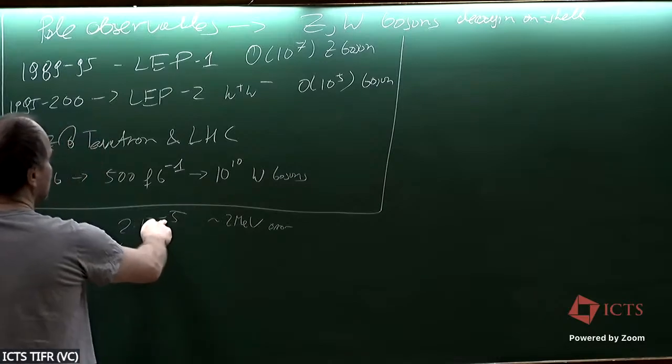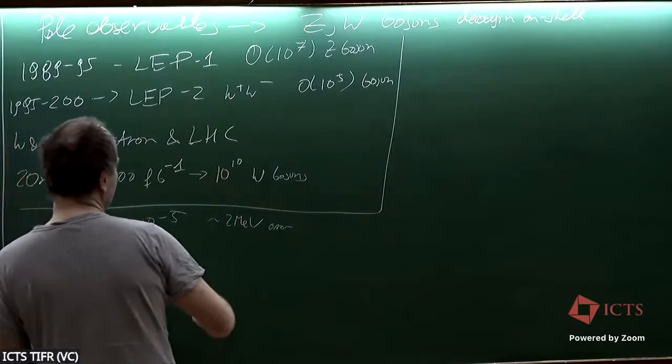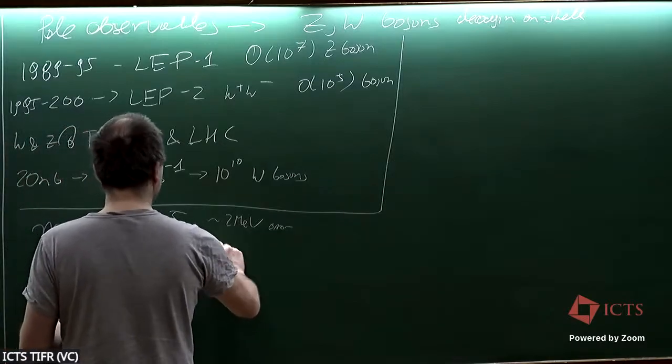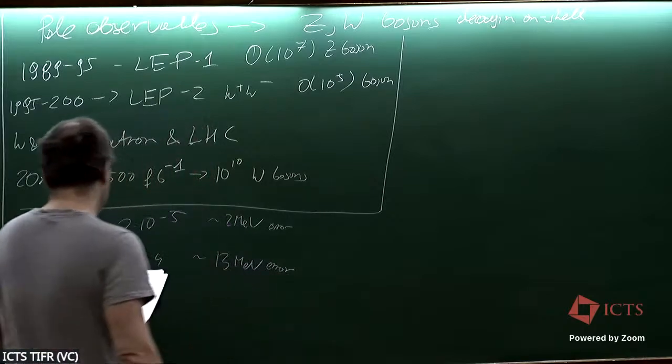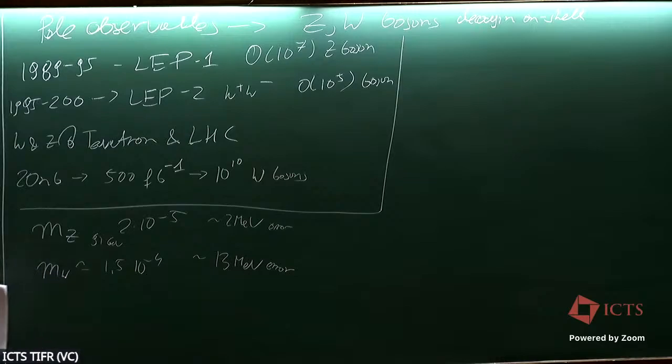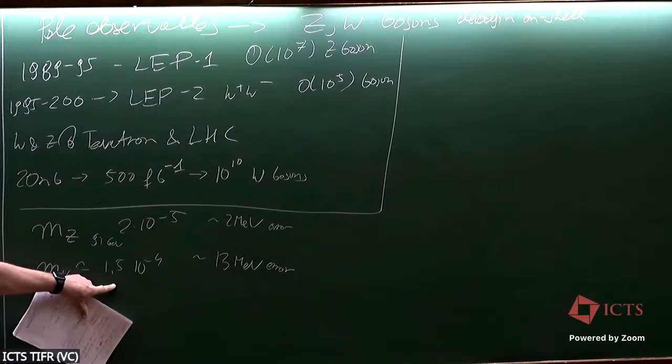So a factor of 10 worse than for MZ, but still quite impressive. This corresponds to something like a 13 MeV error. Unfortunately, there is a catch here for the W boson mass. The W boson mass seems to depend on where you are. It's quite different at the LHC and at the Tevatron.